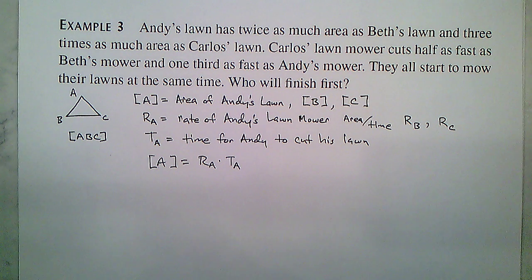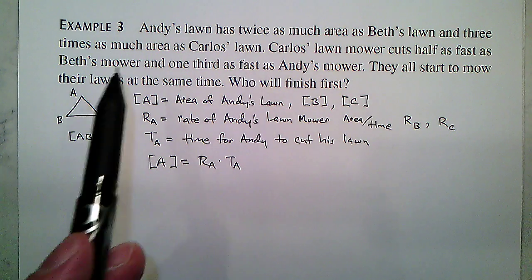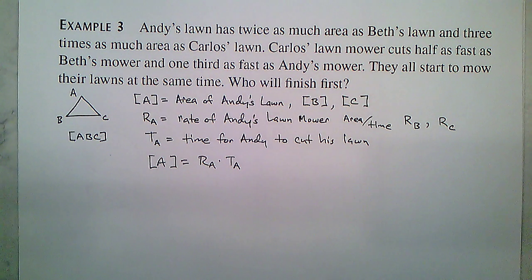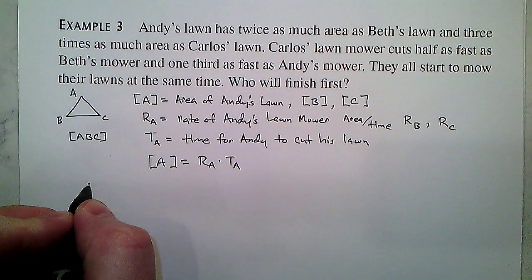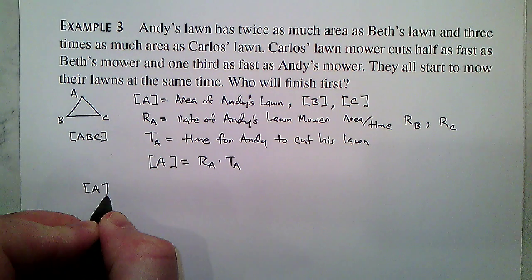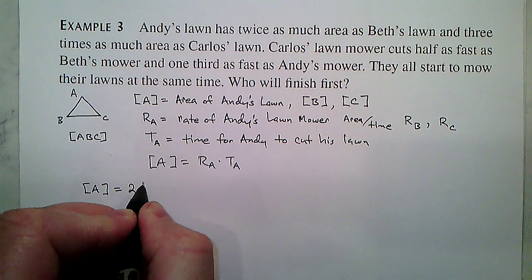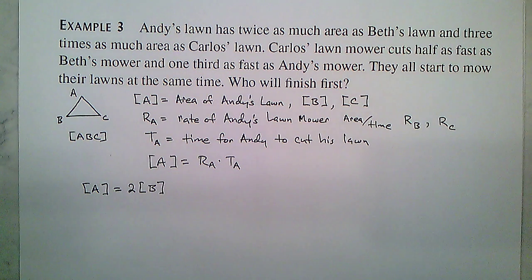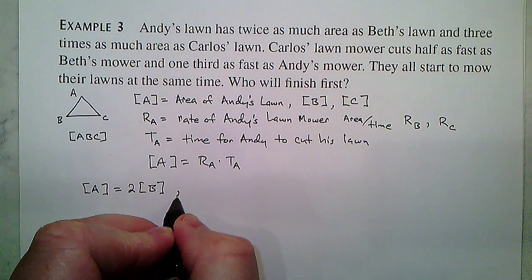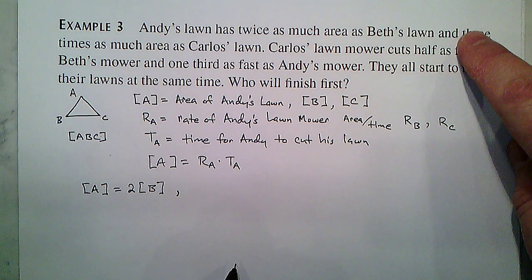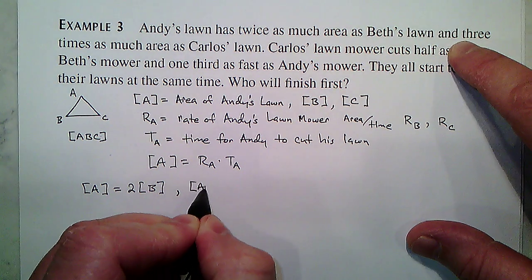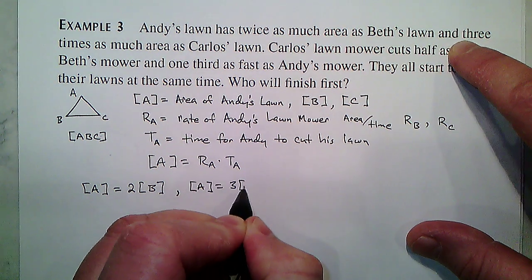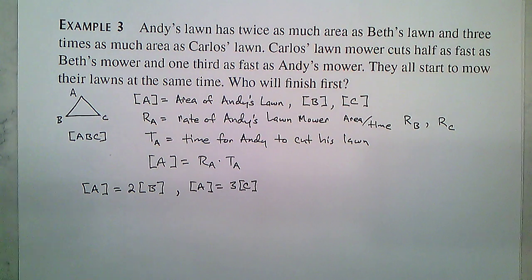So now let's translate what they tell us. Andy's lawn has twice as much area as Beth's lawn. Okay, great. What else do we know? Andy's lawn also has 3 times as much area as Carlos's lawn.